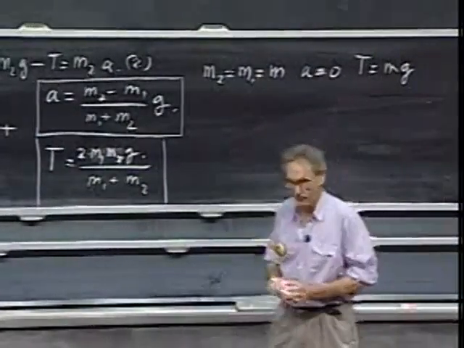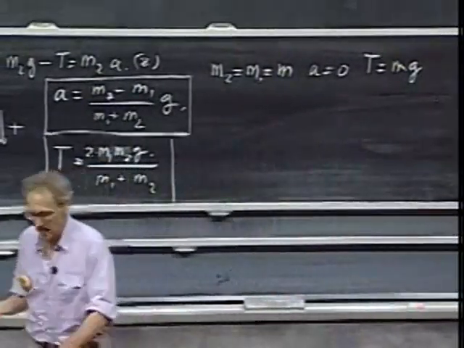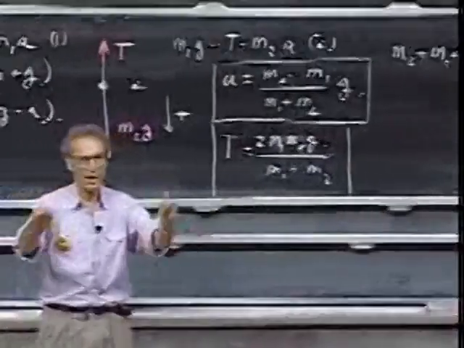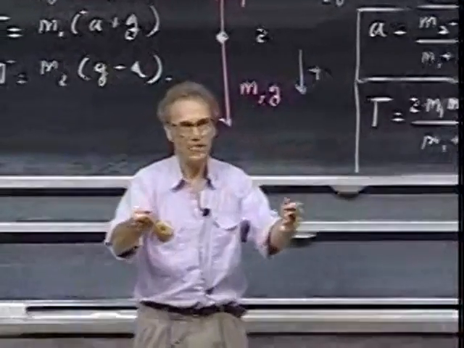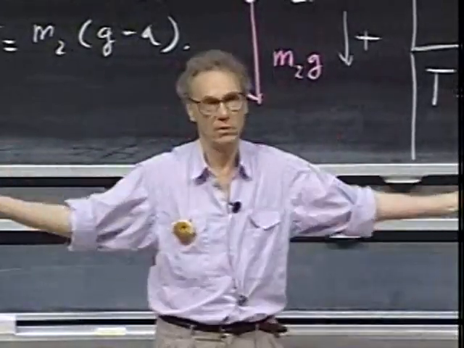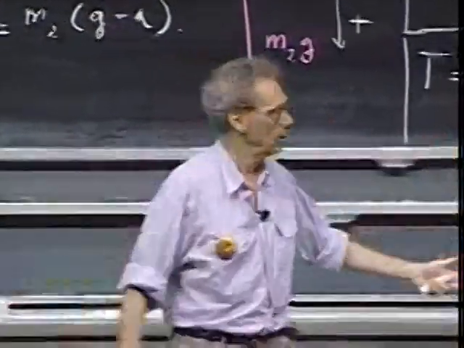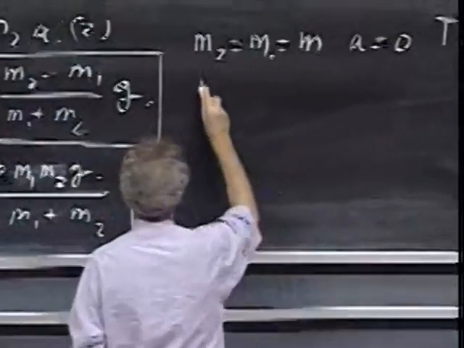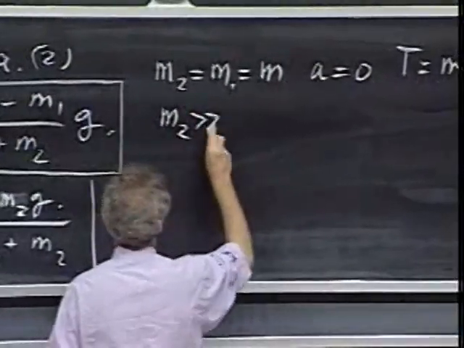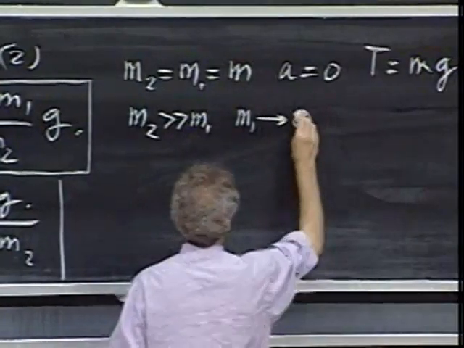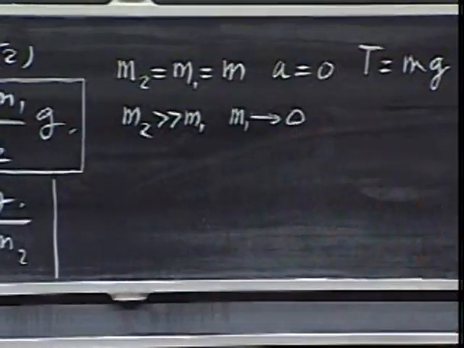That is utterly obvious. If m1 and m2 are the same, nothing is going to happen. They're going to sit there, the acceleration will be 0, and the tension on both sides, which is always the same, we argued that, is going to be mg. Clear. Now we're going to make it more interesting. Suppose we make m2 much, much larger than m1, and in a limiting case, we even go with m1 to 0.